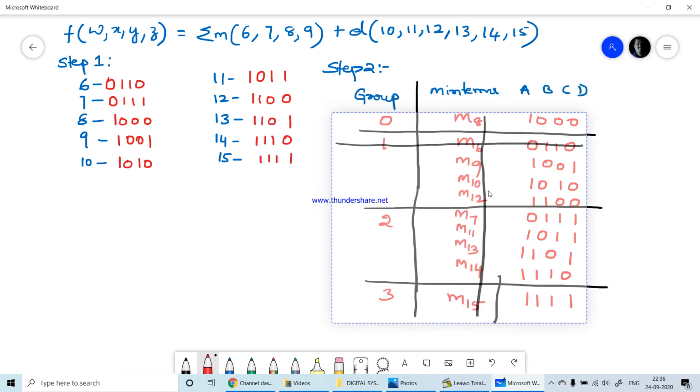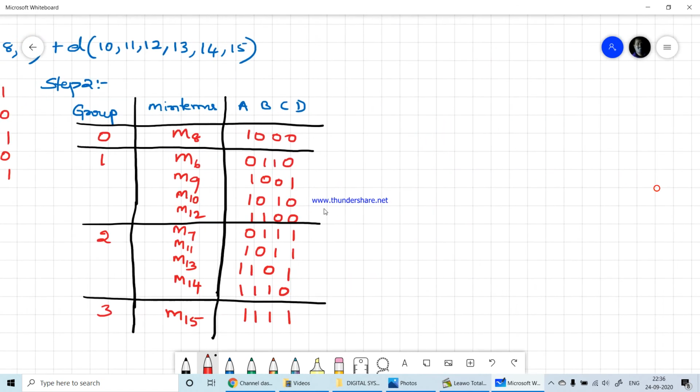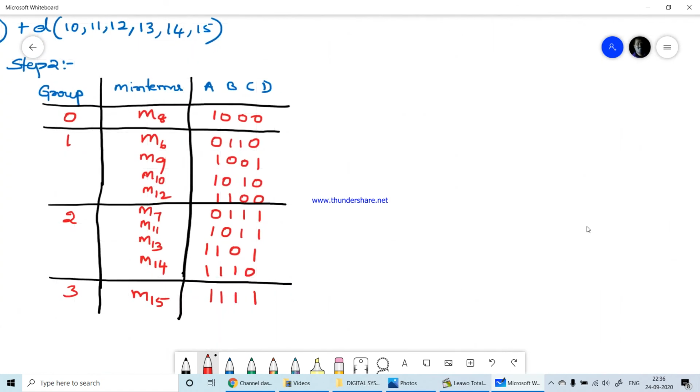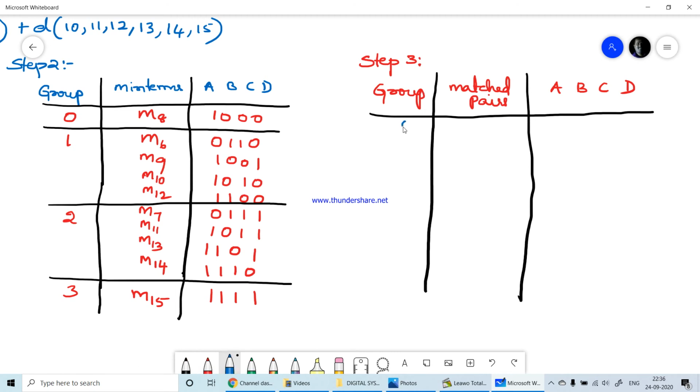Now step 3 is having a matched pairs table. So I'll write group, matched pairs, and then ABCD. So group 0.